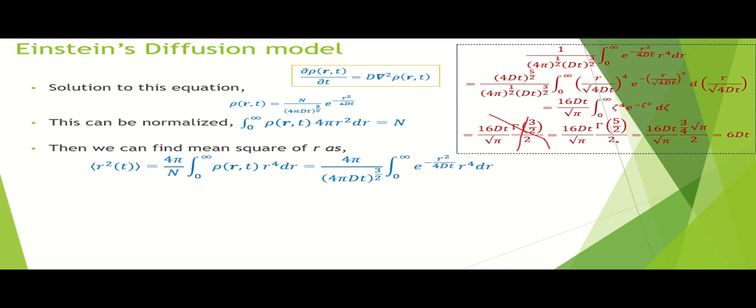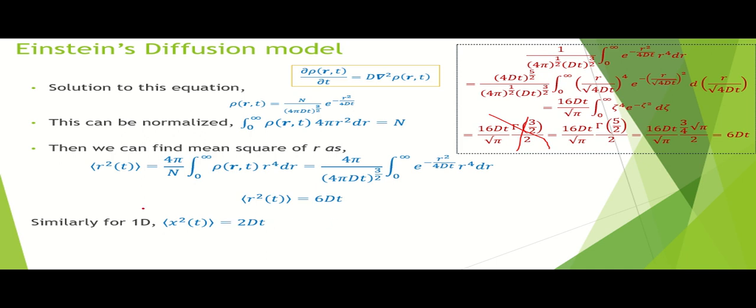This part is upon 5 by 2, and so this integral gives you the value like gamma of 5 by 2 upon 2, and then gamma of 5 by 2 comes out to be 3 by 4 square root of pi. Okay, and divided by 2, so that gives you 6 dt, and that's how we will get here the average value of square of position gives you the 6 dt. And if we just solve this for a one-dimensional case, we will get 2 dt.